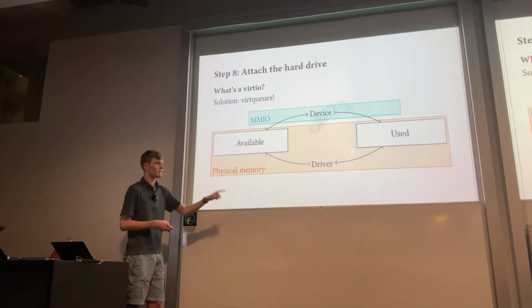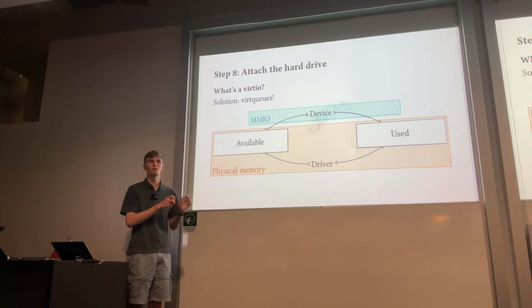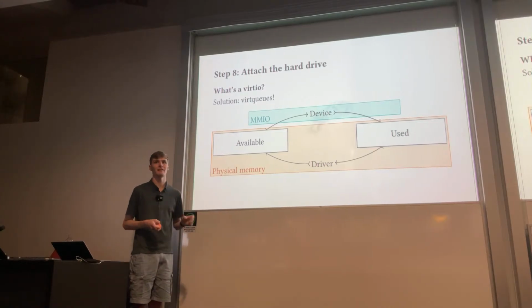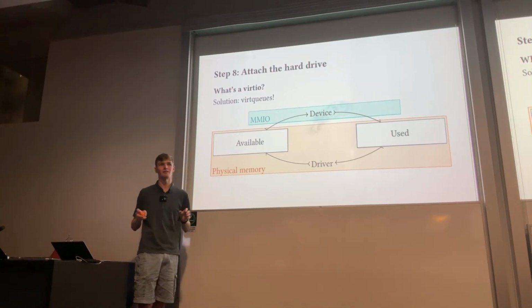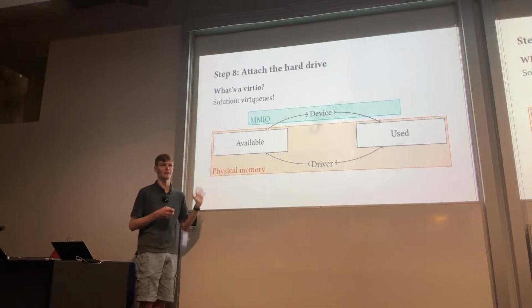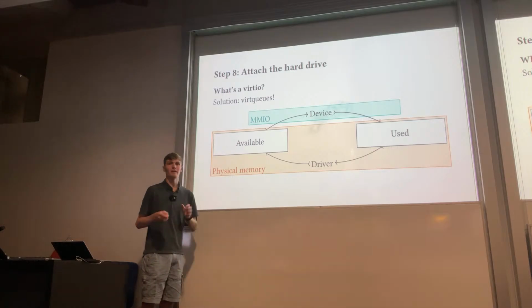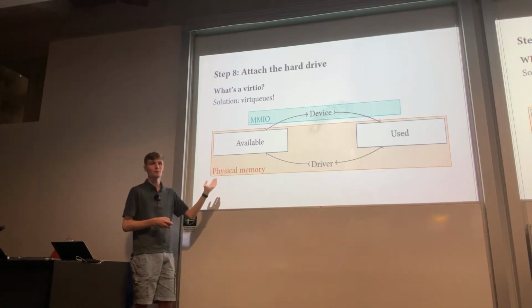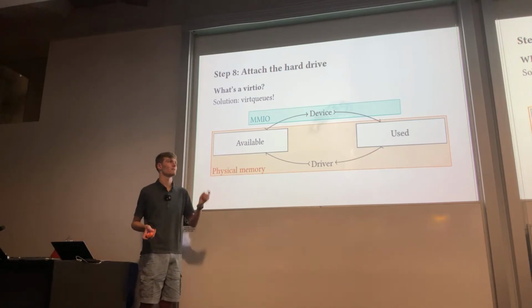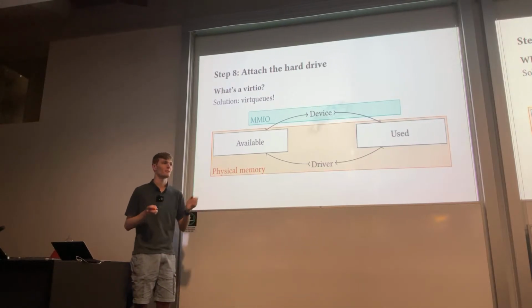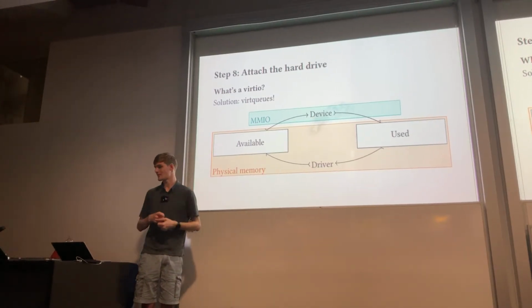This orange box here is the guest's physical memory, and that's the only thing that the device driver has to interact with from the guest side. It writes commands to an available queue, then the device picks those commands up and does whatever it needs to.